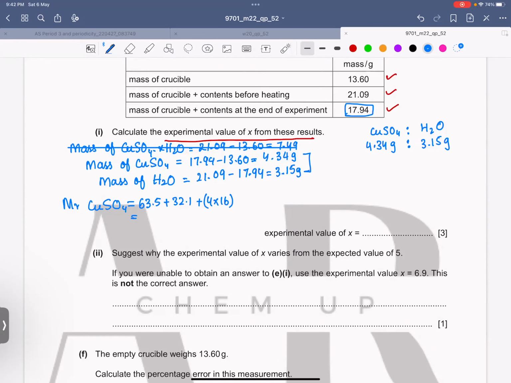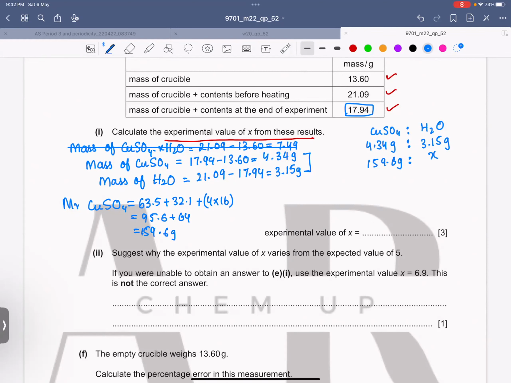So it would be 63.5 and 32.1, that is 95.6, and 64. So 95.6 and 64 would give you 159.6. Okay. So if there are 159.6 grams of copper sulfate, then the mass of water would be X, that is unknown.